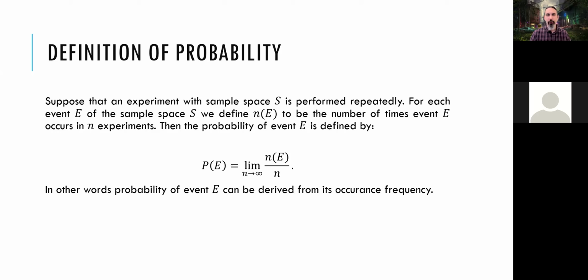Because you will probably get 101 times for 6 or 98 times for 2, etc. There will be errors, small errors, in that all the time. There might even be big errors. But still, I can keep rolling the die. If I roll it to infinity, then I will get the probability of 1 over 6. So experimenting is okay, but you need to do it infinitely to get the right result.